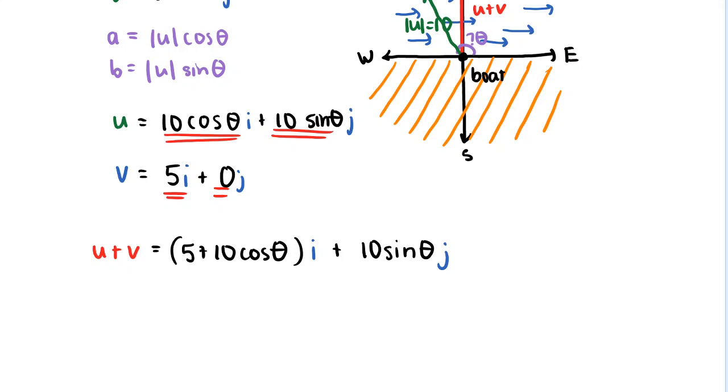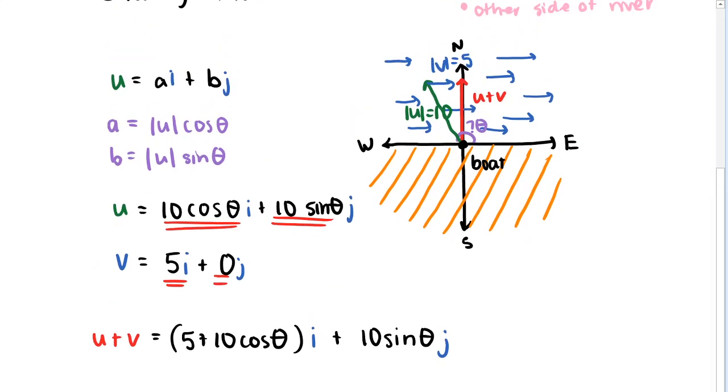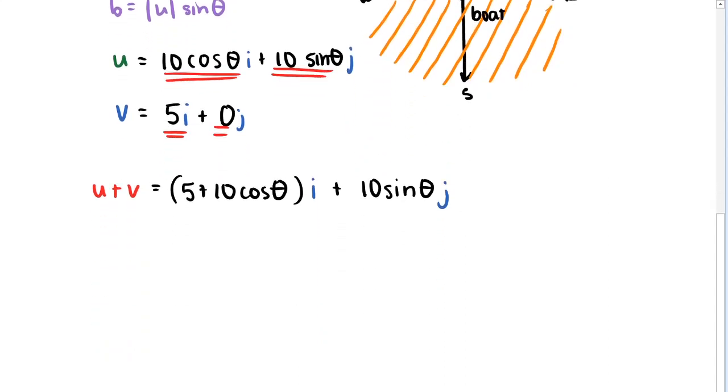So the big idea in this problem is that this person wants to travel directly north. And that means that this u plus v vector shouldn't be moving left or right, it shouldn't be pointed left or right. The horizontal component of this vector should be 0. In this sum vector, we want to travel directly north.